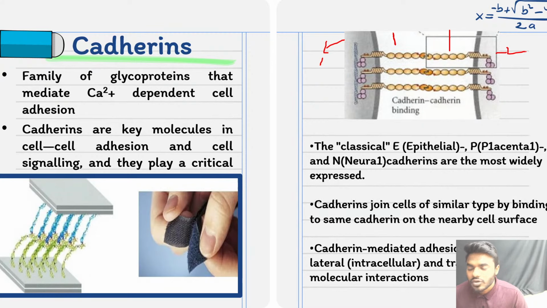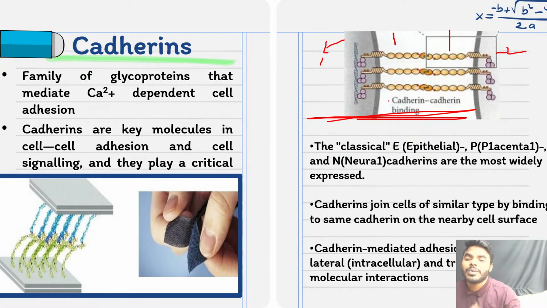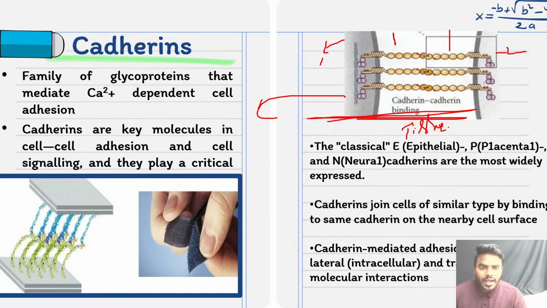The point you have to remember is that these two cells belong to the same type, which means these two cells make up the same tissue. For example, if this cell makes one tissue and this cell makes a different tissue, in that case the cadherin molecules never associate with each other. So the statement is very clear, right?